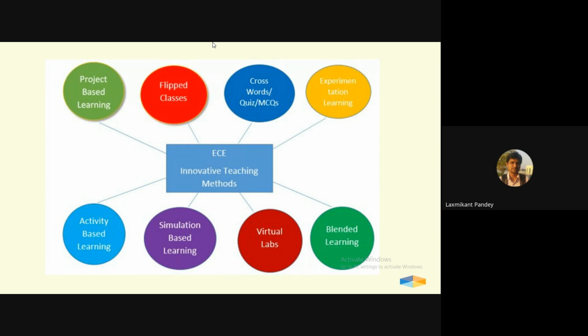Some other methods are very important. Then experimentation learning, where you do something else. Activity-based learning is mainly used in school education. Simulation-based learning is a very important method.